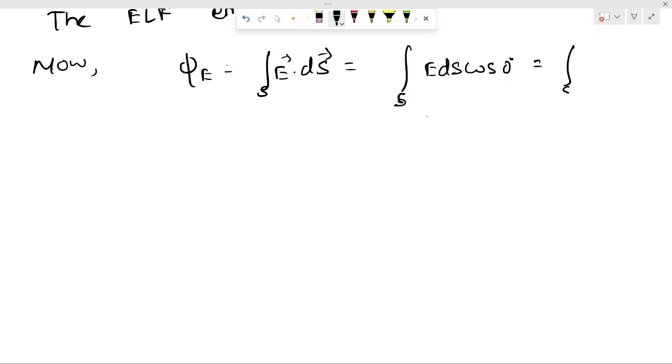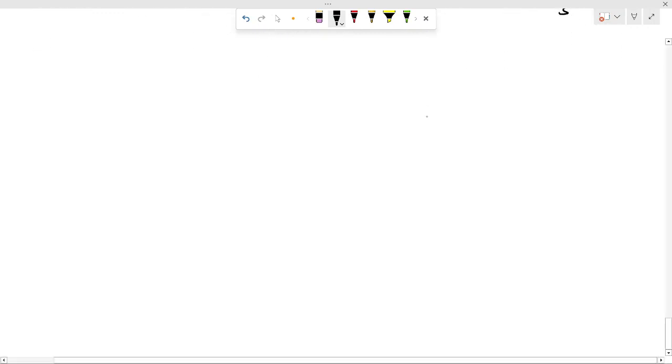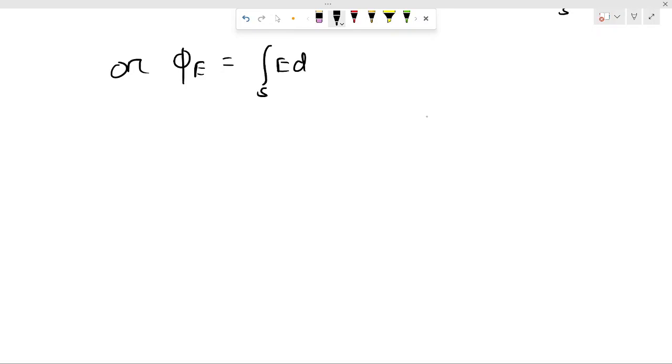So it will become E ds, that is the maximum value of electric flux. Or I can write phi E is equal to integration over E ds. If I write the area, it will become E into 4 pi r square.